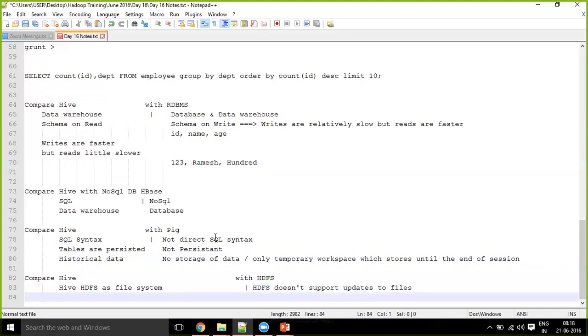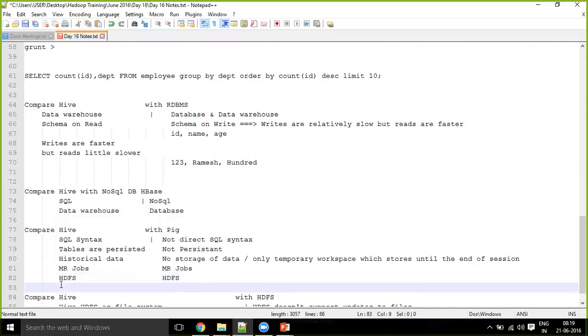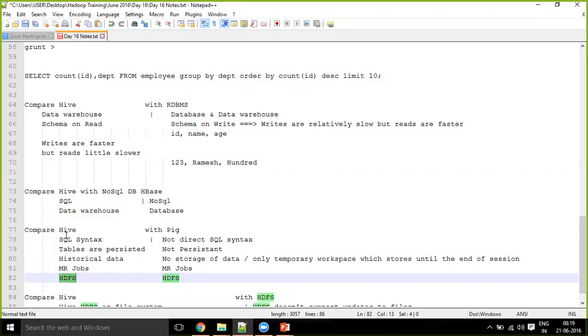So these are the basic things I want to highlight. Hive submits the MR jobs, and even Pig submits the MR jobs. Hive's backend storage is HDFS, and Pig's backend storage is also HDFS. But the relation between the table name and the HDFS location is persistent in Hive, which is not persistent in Pig.